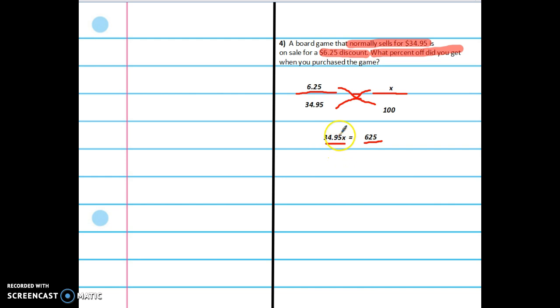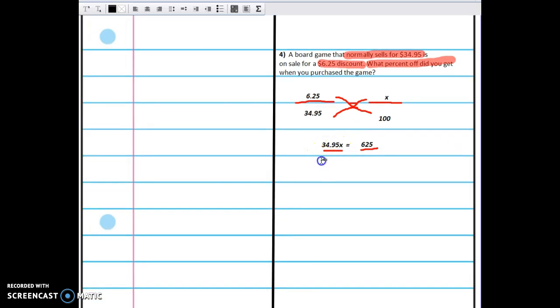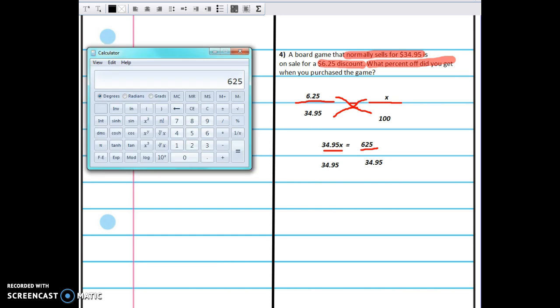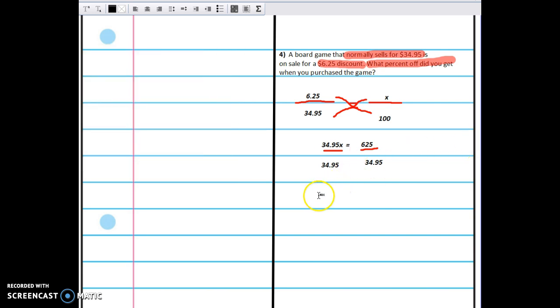Divide both sides by 34.95. And we'll round to 2 decimal places. So the percentage of the discount would be 17.88 percent. Or if they ask you to round it to the nearest percent, the 8 would bump that 7 up to give you 18%.